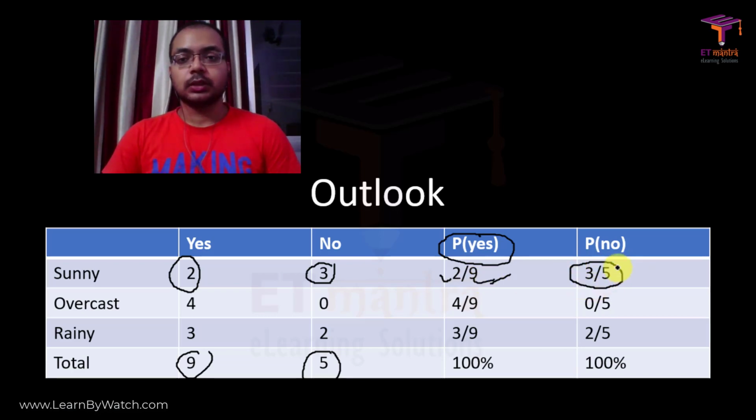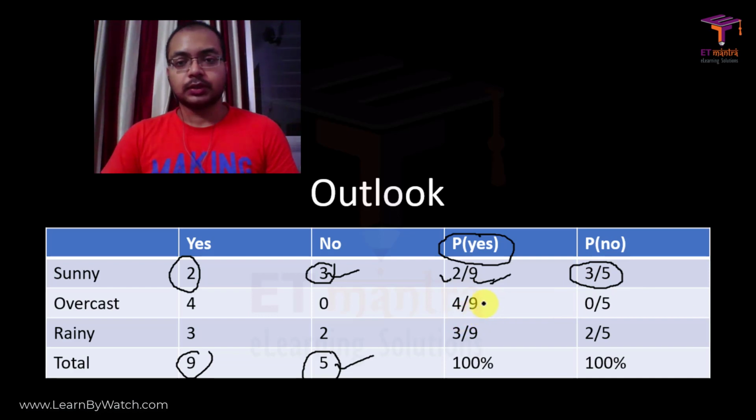Similarly this 3 by 5 represents the probability of sunny given that the match was not played. So how do you find that? It is the intersection of sunny and no, which is 3, and the number of no, which is 5. So we get 3 by 5.